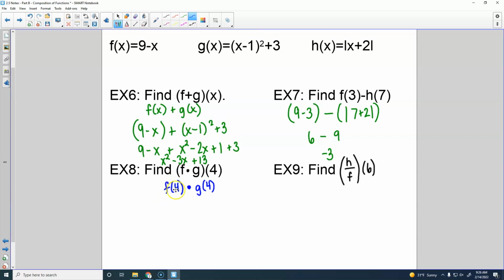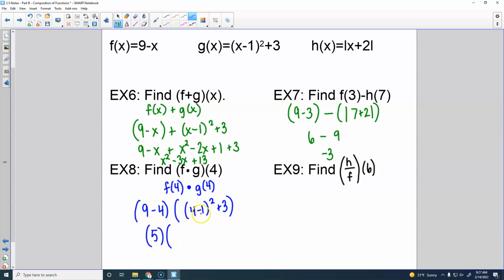So you would just find f of 4, which would be 9 minus 4, and then you're multiplying this by g of 4. So you would have 4 minus 1 squared plus 3. 9 minus 4 is going to give you 5.